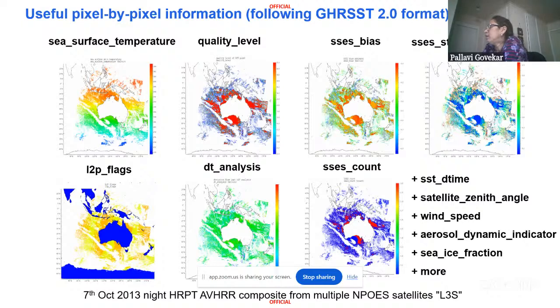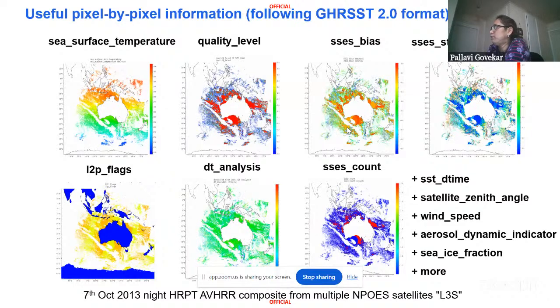supercollated L3S, from different satellites. So we provide nighttime composite skin SST from multiple satellite sensors, then quality level based on proximity to cloud only, then bias with respect to drifting buoy SSTs and corrected to skin.